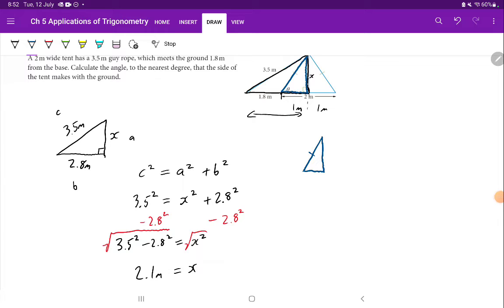We want to know this angle, that's theta. This is a right angle. This is 1 meter from our above working out, and we just worked out that x, which is this side, is 2.1 meters.